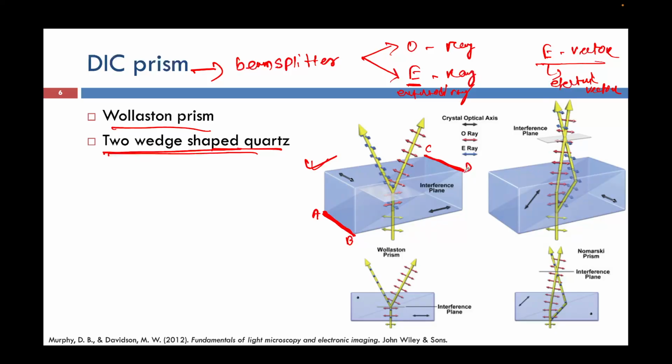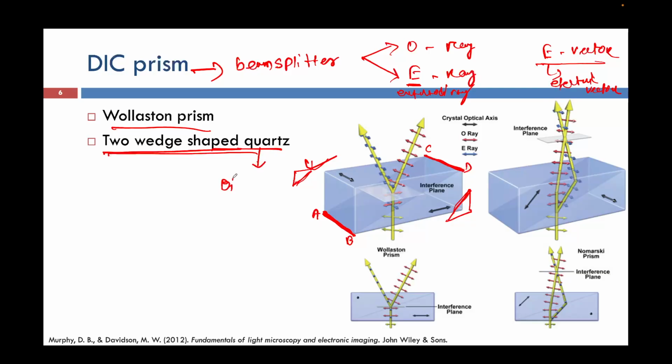That is where the two wedges meet. If we consider this a triangle shape and this another triangle shape, this is where these two have met. So the Wollaston prism is made of two wedge shaped quartz pieces. And why is quartz specifically taken?